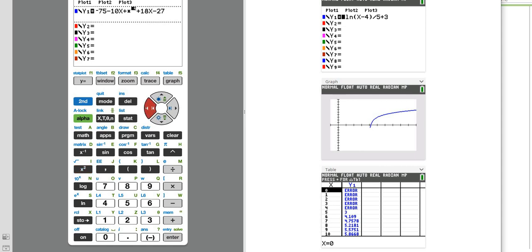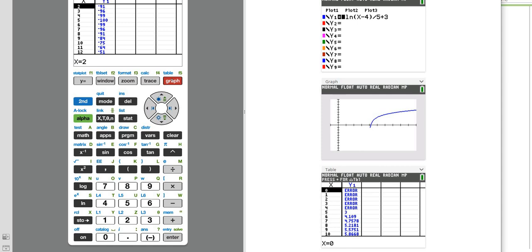Whoa, what have I done? Probably should have deleted everything that was here before I started. Okay. 75 minus 10x plus x squared. And we just want to go to our table.